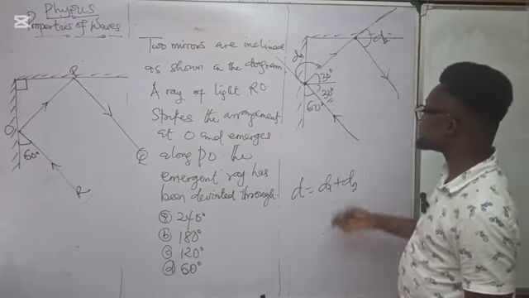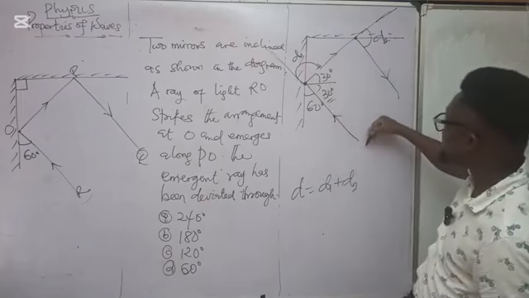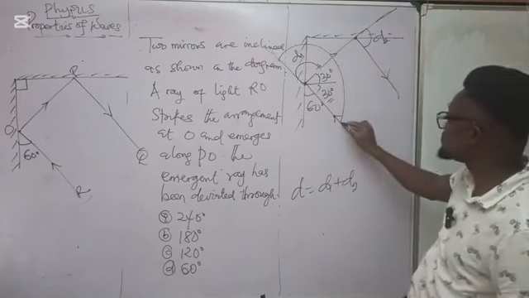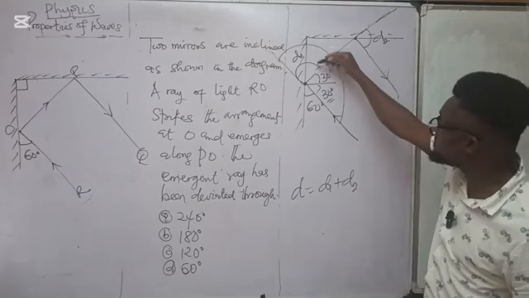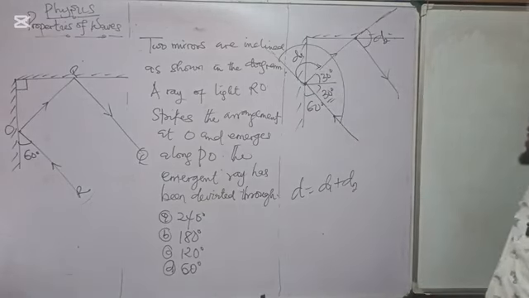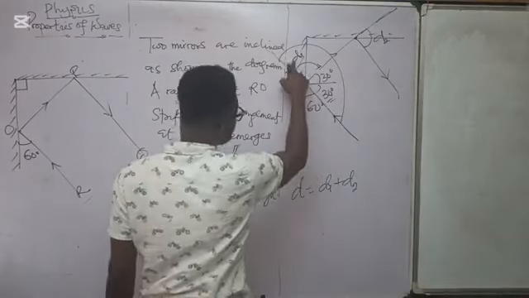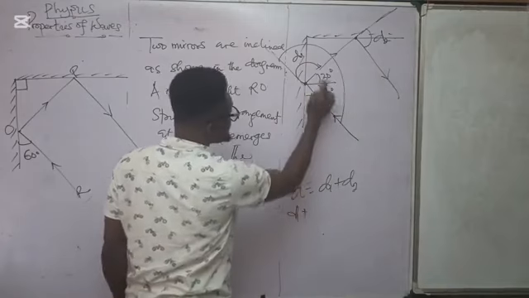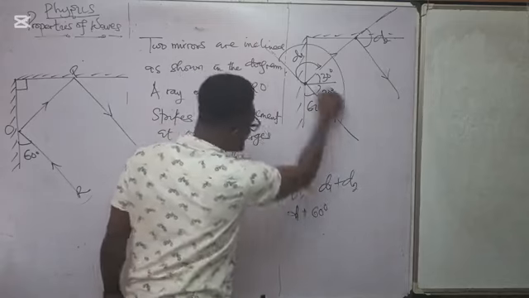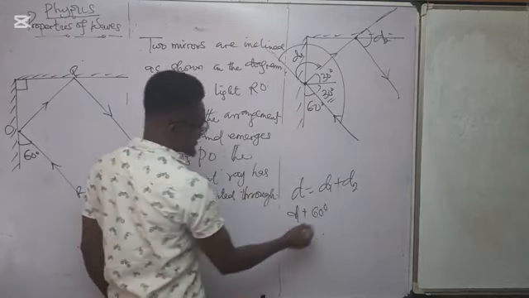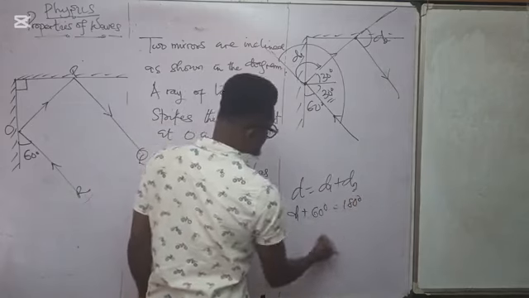Now the total angle here is 60. Okay? Now, the sum of angles on this very straight line, we have the straight line here. The sum of angles on this straight line now becomes 30 plus d1. So in that case, d1 plus 30 plus 30, 30 plus 30 is 60, equal to the angle on a straight line, which is 180 degrees, right?